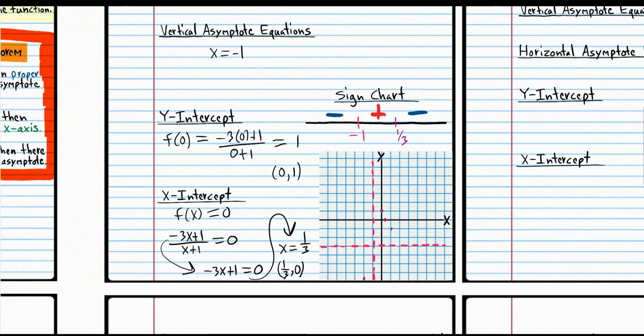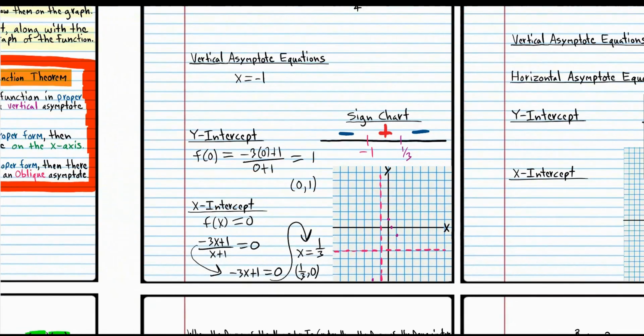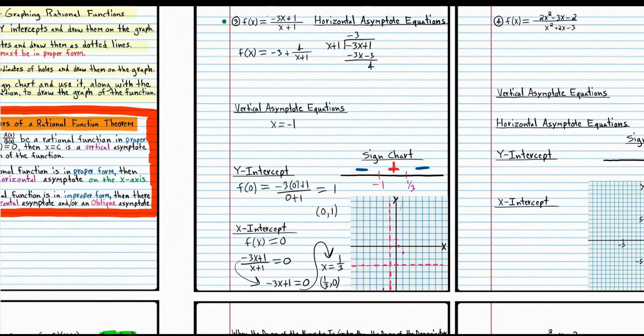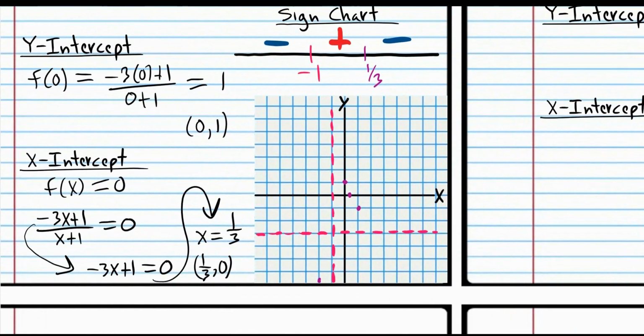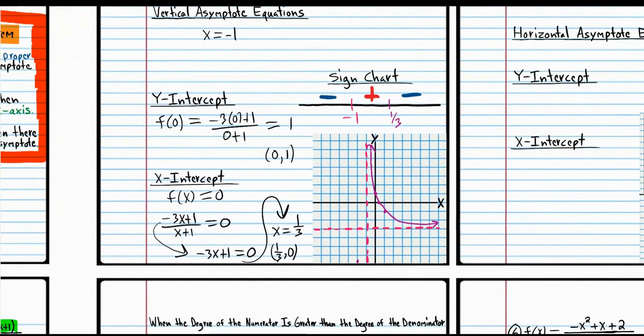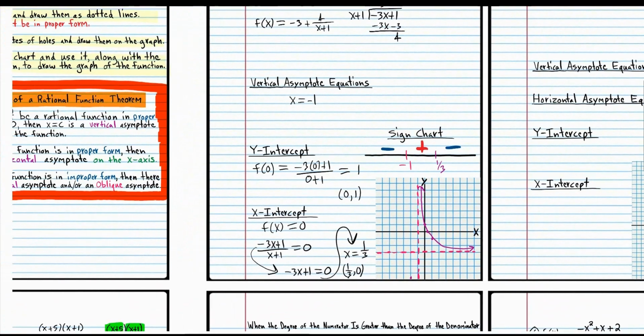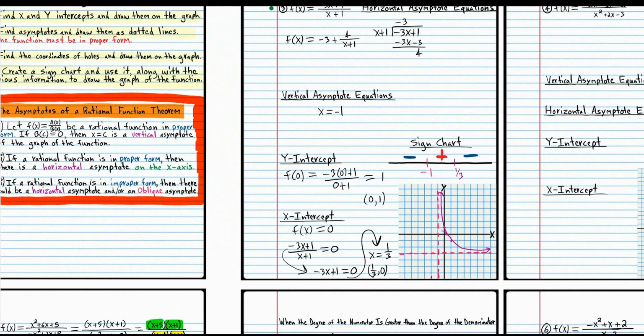And so let's find some other points. Let's plug in 2. And then we get -1 2/3, and that gives us pretty much everything we need to graph this function. Actually, we should probably find some other points over here. Let's plug in -3 for x.